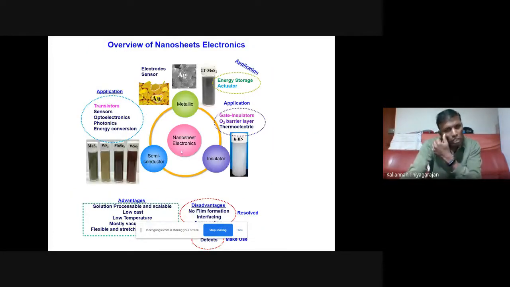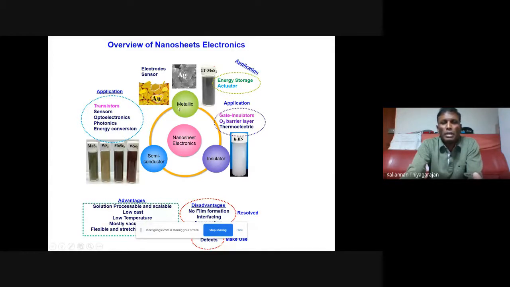And now I'm going to introduce these nanosheets. Until now, people only used metallic sheets like gold sheets, copper sheets and silver sheets for stretchable electronics, and they used them with a different approach.